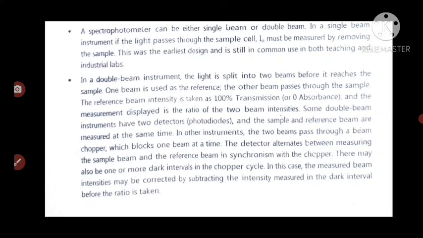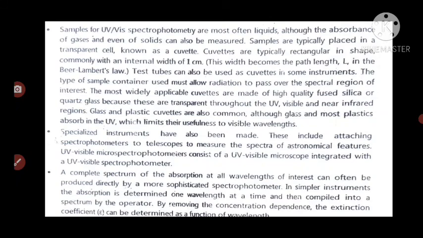Now, by determination as a function of the wavelength, the complete absorption spectrum over the wavelength range of interest can be obtained by a sophisticated spectrometer, whereas a simple instrument determines absorption at one wavelength at a time, and the spectrum is compiled by the operator.